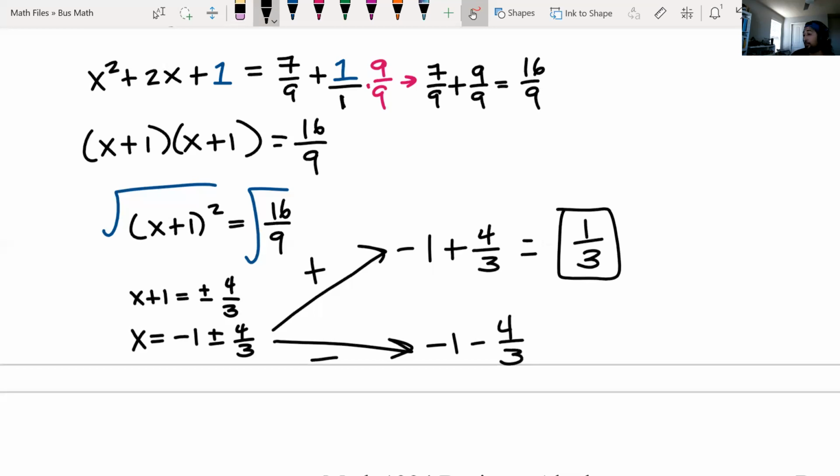And you can do it again for below. So what's -1 times 3? -3, right? And then -3 minus 4, meaning you go more negative, you're going to get -7/3.